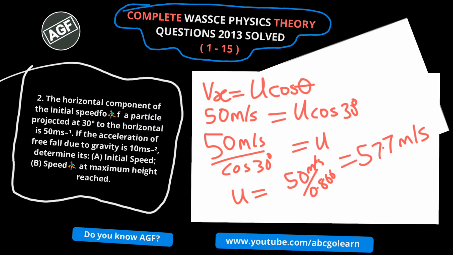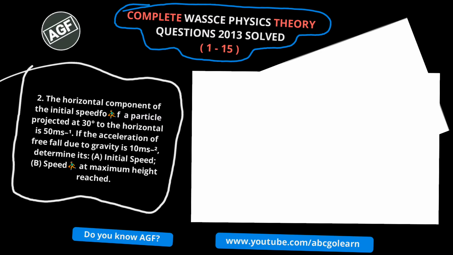Please don't neglect meters per second. It's very, very important. Now, option B, we have the speed at maximum height reached. I already told you that at maximum height, the vertical speed would be 0. The horizontal component of that velocity would not change throughout the motion. So the horizontal component at maximum height is the same as the initial horizontal component.